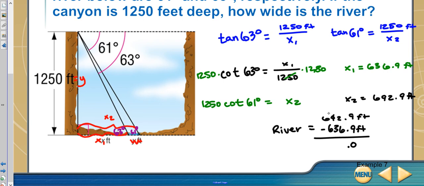I need to take 1 away here, make that an 8, and put a 1 there, so that becomes a 6. 8 minus 3 is 5, and the 6 is canceled. It is 56 feet wide. That's my width of the river. And that's how you'd use two angles to solve for a missing value.